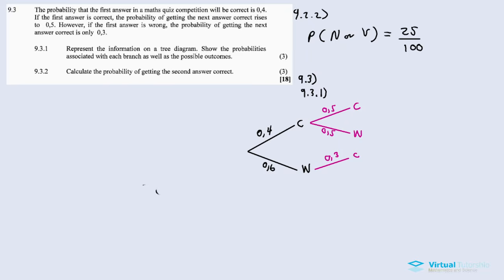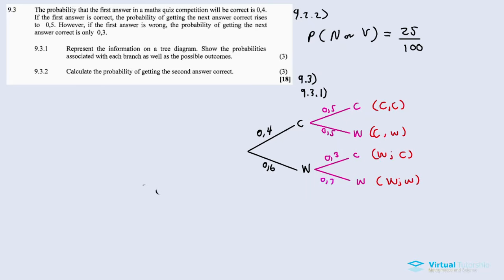So it means the probability of getting the next answer wrong now increases to 0.7. 0.3 plus 0.7 gives a probability of 1. And then they ask to show the probabilities associated with each branch as well as the possible outcomes.